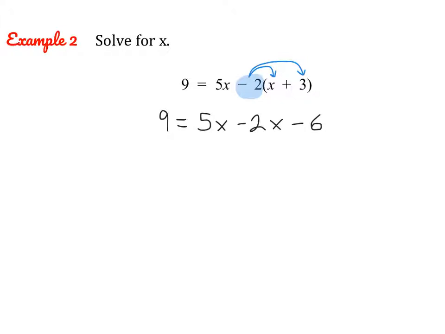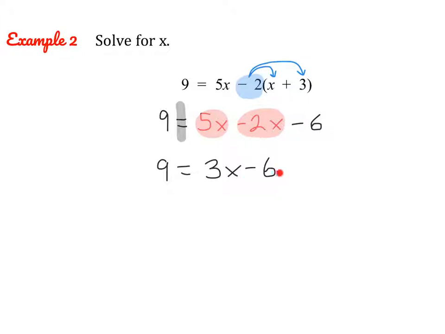So now I'm going to look and see if there are any terms on the same side that I can combine. And I notice that this 5x and this negative 2x can be combined. They're on the same side and they both have the same variable. So 5x minus 2x is just 3x. Now I'm going to use my inverse operation. Remember, I'm looking at these two numbers, this side with x.